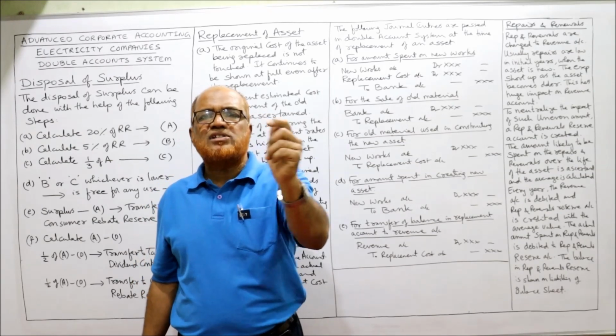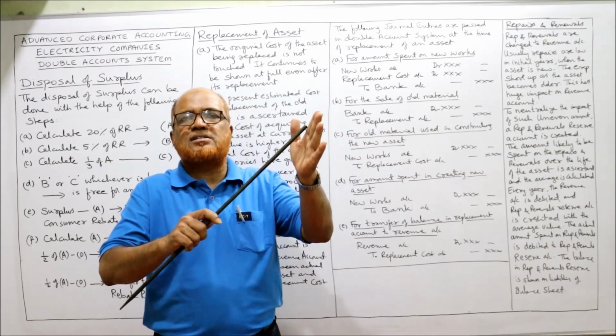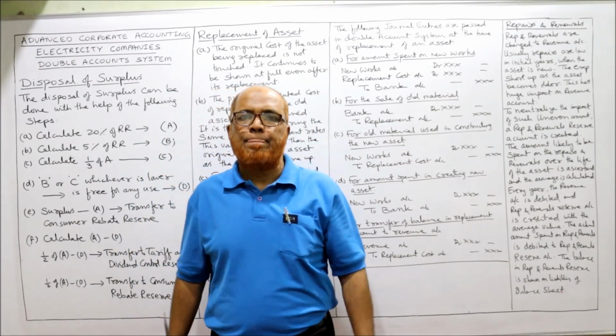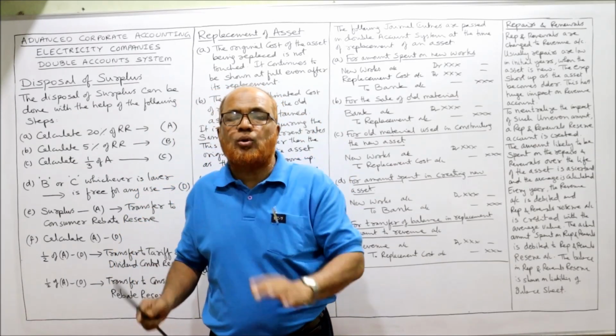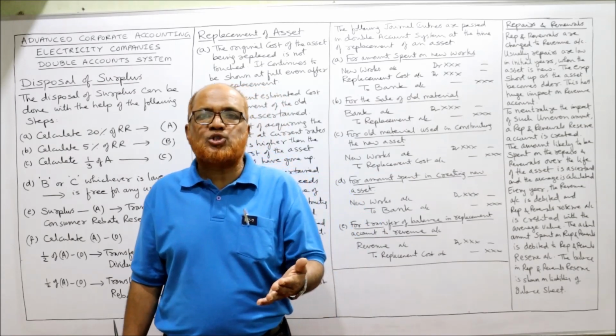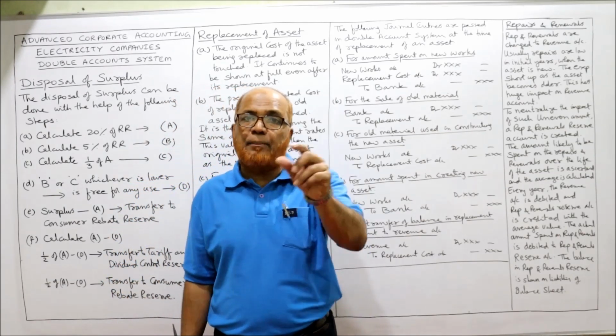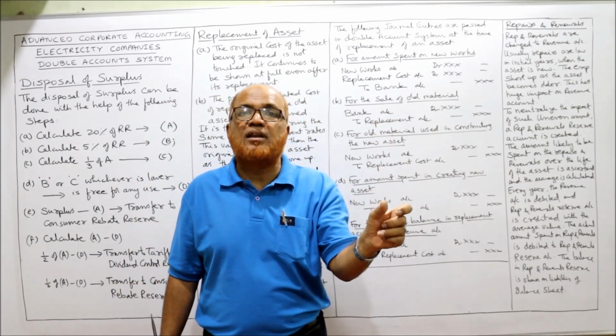And these repairs and renewals will be charged to revenue account. Revenue account debit side will take repairs and renewals 1 lakh, and the amount is credited to repairs and renewals reserve. Now the actual amount spent on repairs and renewals will be debited to repairs and renewal reserve account.